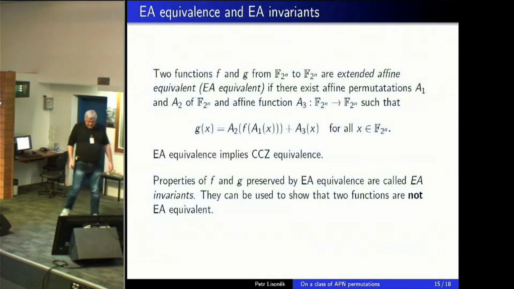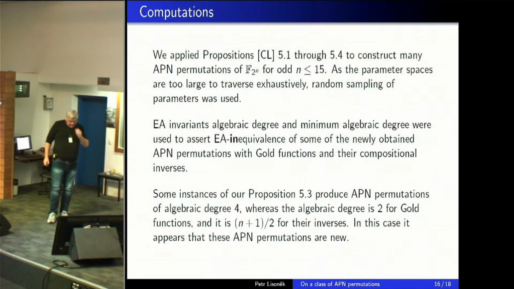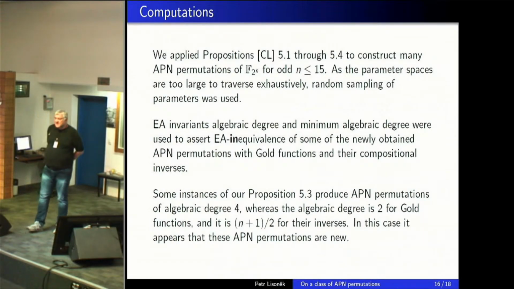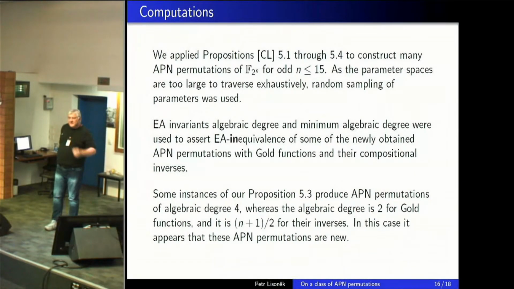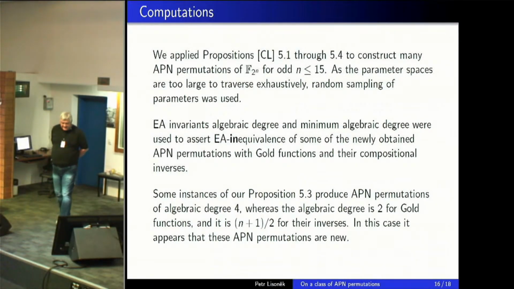And how do we know that we have new APN permutations? The algebraic degree tells us. I am finding APN permutations of algebraic degree 4. Whereas the Gold functions that we are starting from have algebraic degree 2, and the compositional inverse of the Gold function, which is also CCZ equivalent to it and is also an APN permutation, of course, has algebraic degree (n+1)/2.